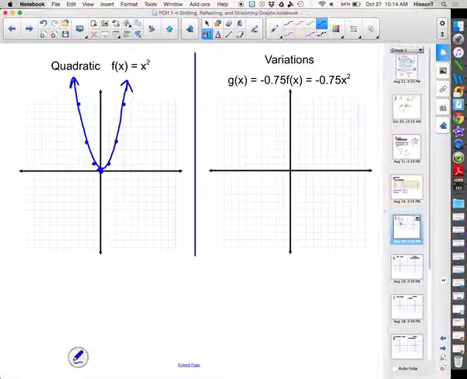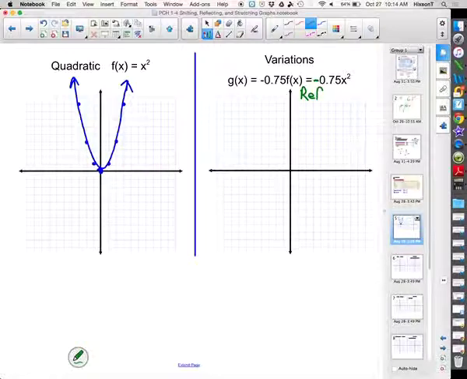So now we have to look at this. We're going to take negative 0.75 times f of x, which ends up being negative 0.75 x squared. So someone tell me one thing that's happening here. It's a reflection across the x-axis.